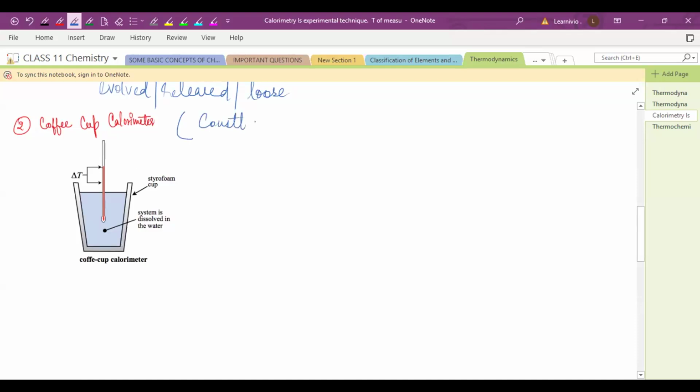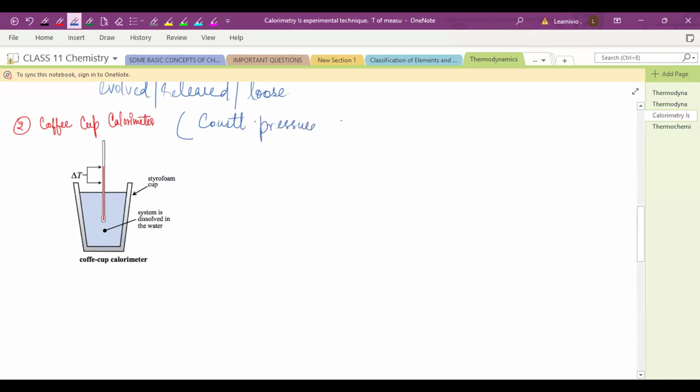Because it's an open system, we talk about atmospheric pressure, and the pressure remains constant. So basically in the coffee cup calorimeter we measure the heat change at constant pressure.